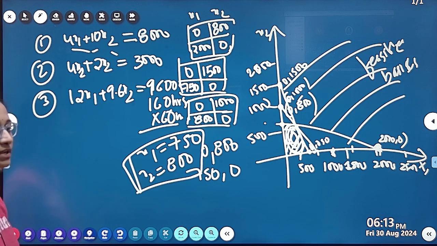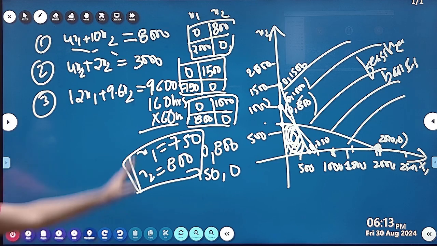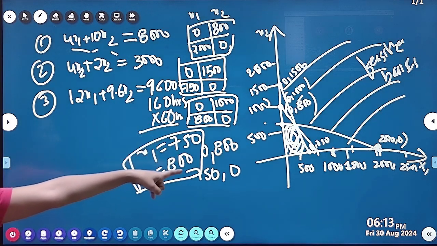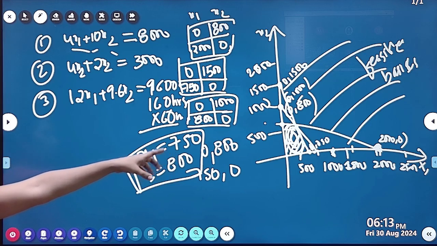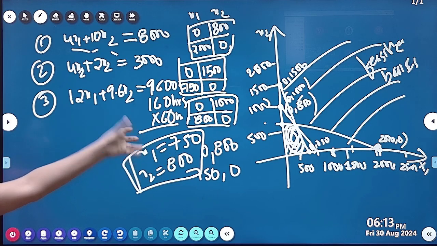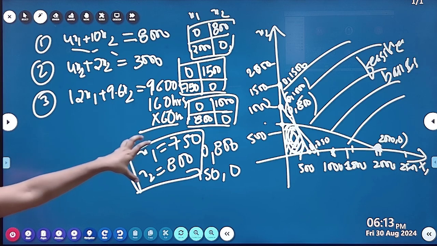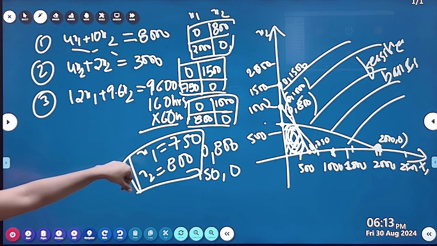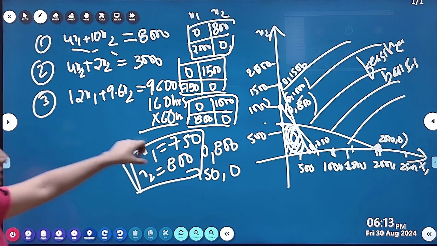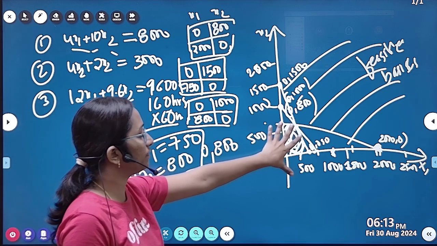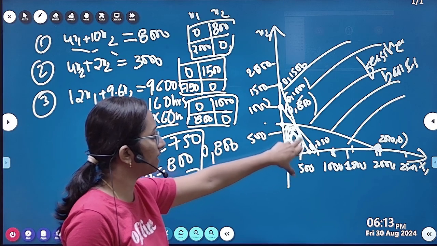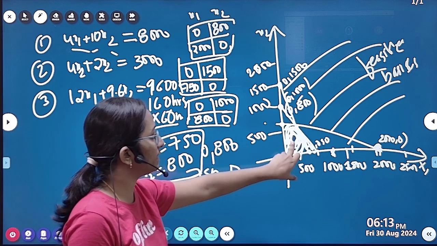So this is a graphical method. Clear? We need to plot these points on the graph, so we need to know the area which is intersecting, where every point is meeting. Every unit is meeting at that point. We need to know this is the area where every variable is meeting, right?